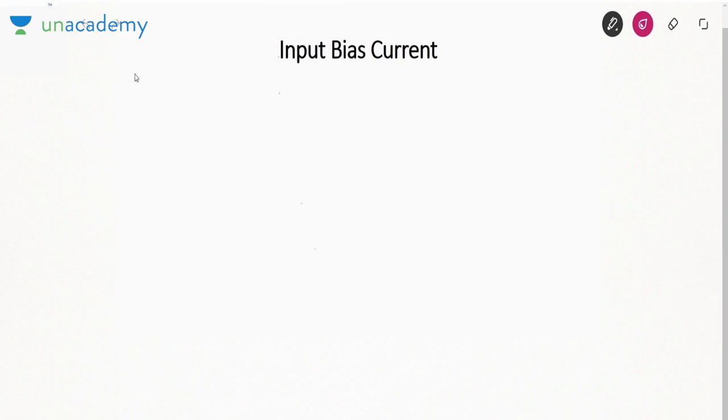Next is your input bias current. Input bias current is simply the average of the two base currents. Their difference is called the offset current and their average is called the input bias current. So how will you define it?